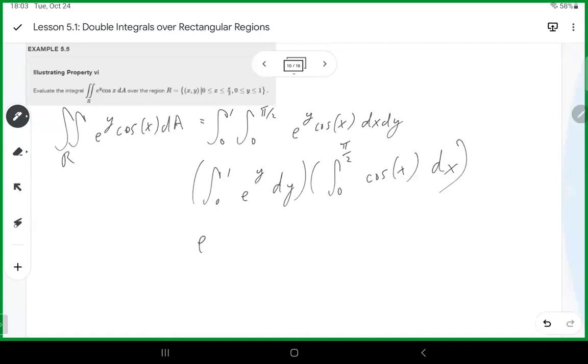And we would have e to the y from 0 to 1. And then sine x from 0 to pi over 2, which is going to just give us e minus 1.